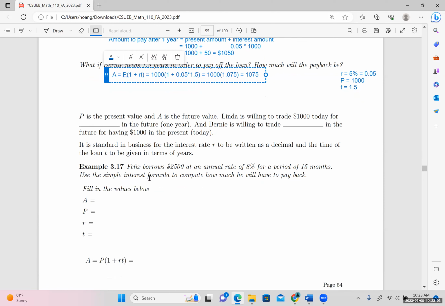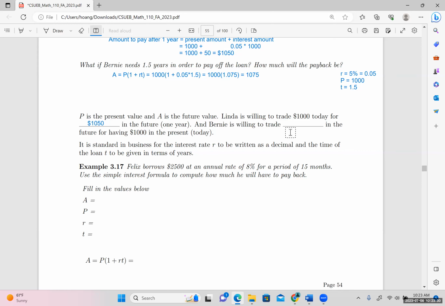Then we make conclusions: if P is the present value and A is the future value, Linda is willing to trade $1,000 today for $1,050 in the future after 1 year, right?